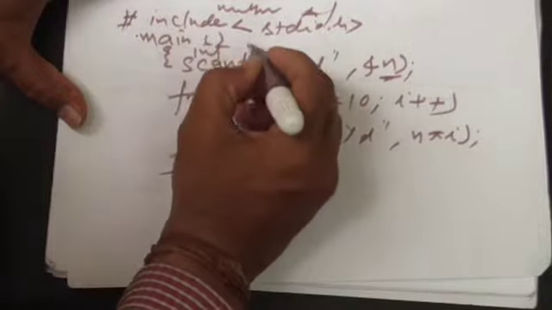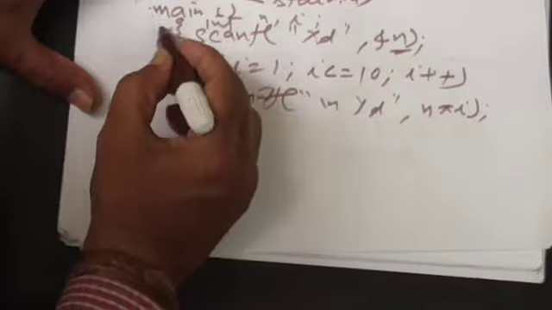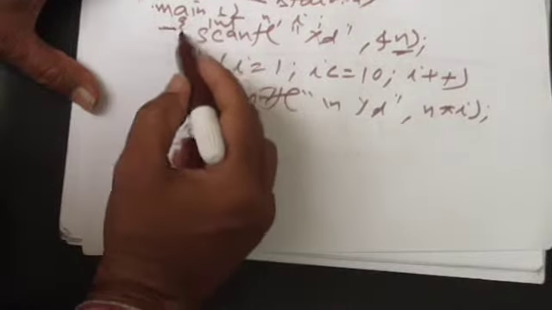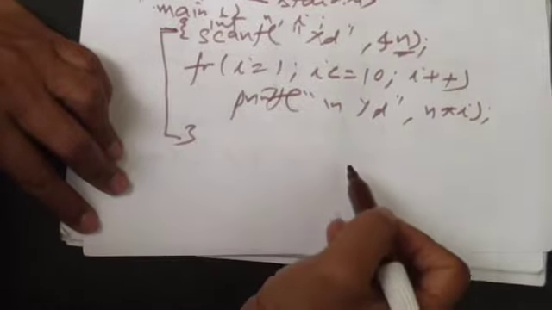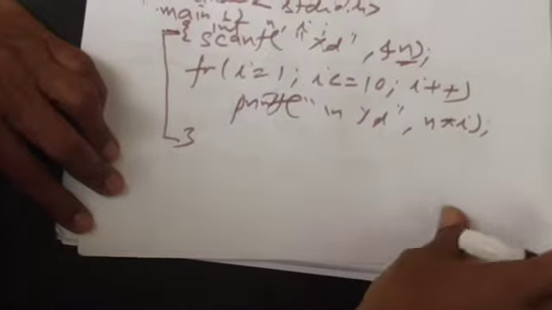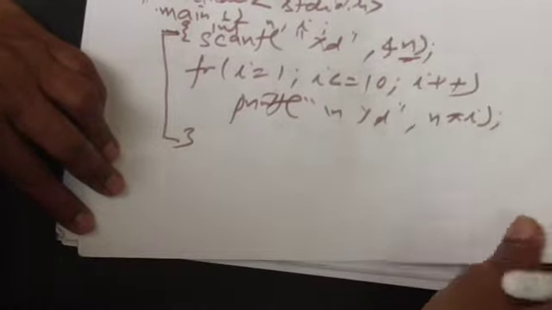I say int n and i. Open the function parenthesis and close it. So this is how you can simply write a program for printing the multiplication table for any given number.